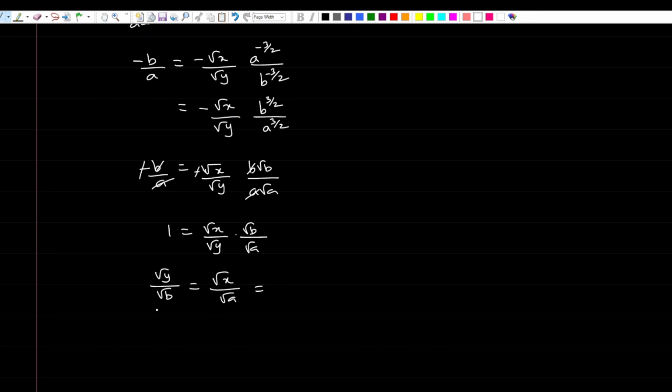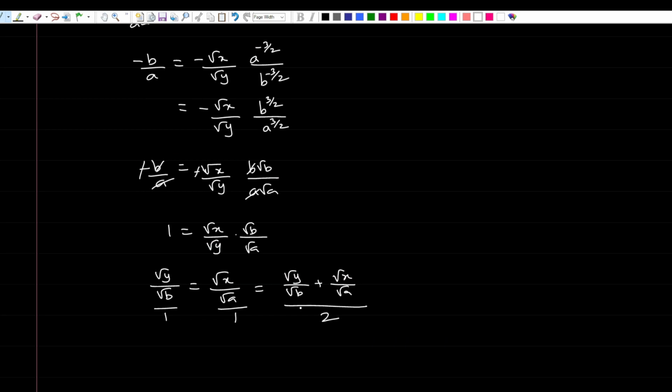root y by root b divided by 1, root x by root a divided by 1, and we can write this as root y by root b plus root x by root a divided by 2, which is same by definition of equality.